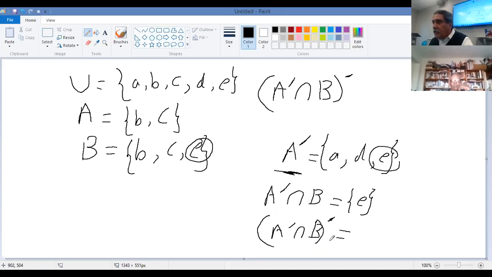Following me? So I go to the universal set. I say the intersection of A naught and B is E, yes? So whatever is not E, so I cross E, I get A, B, C, D. So it's, sorry, A, B, C, and D, and we put the braces, okay?